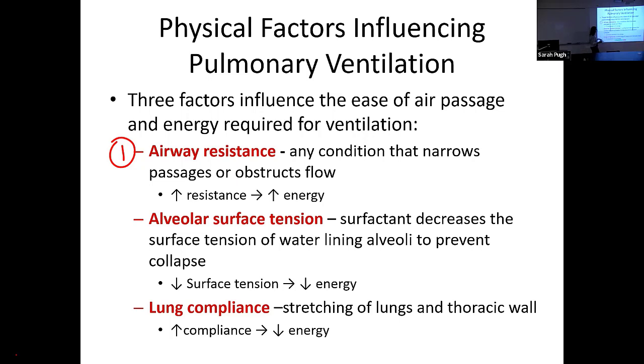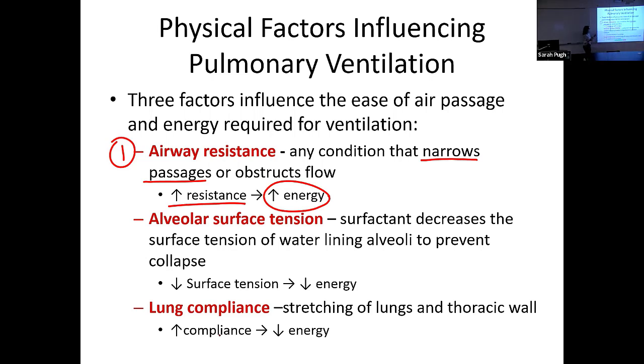Okay, so airway resistance is anything that's going to block or obstruct the flow of air into and out of the lungs. So any kind of condition that maybe narrows the passageways could cause an increase in airway resistance. And if it's harder for you to get the air in and out, if you increase resistance, that means you've got to put in more energy to breathe in and out. It's going to require a lot more energy.